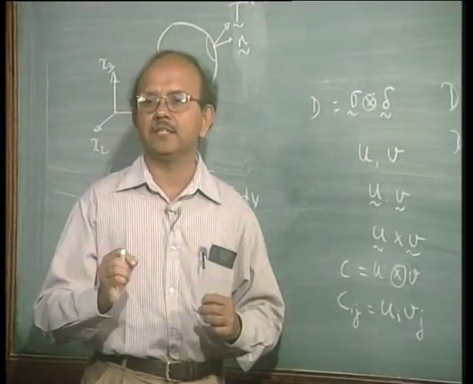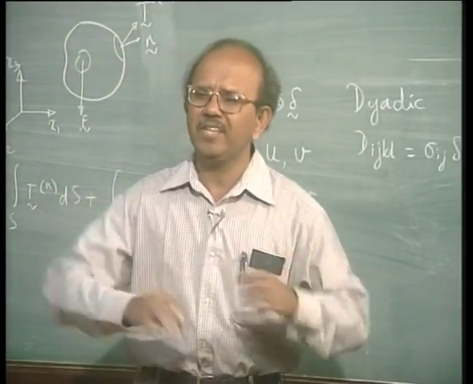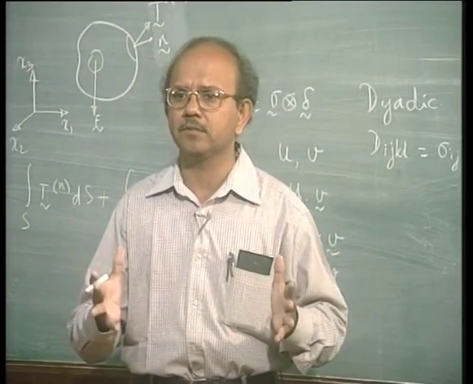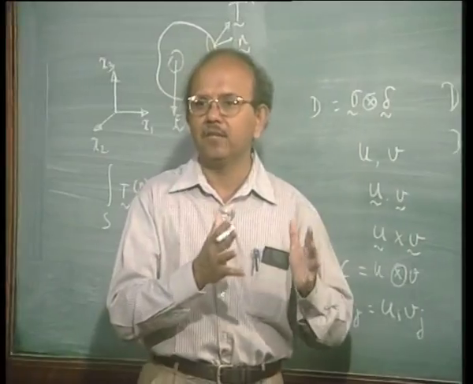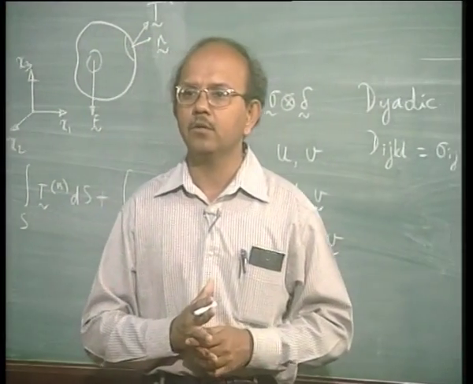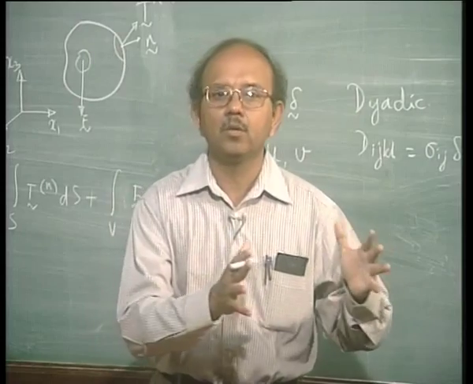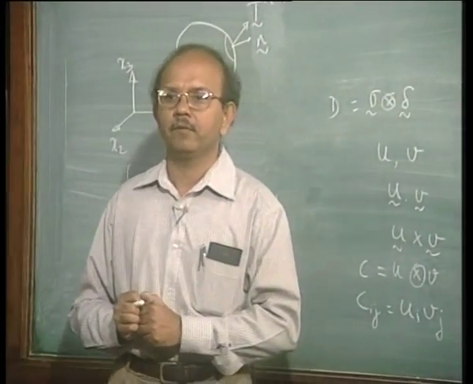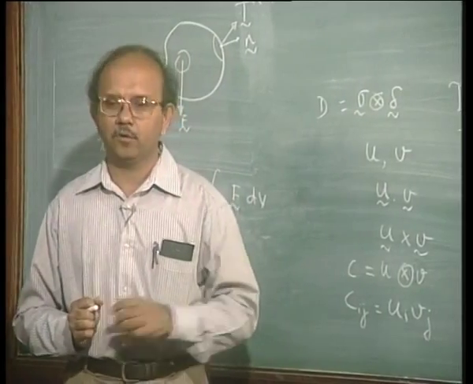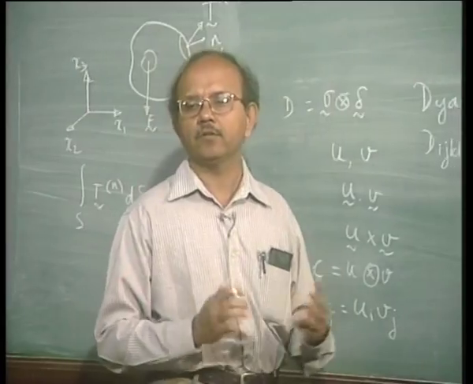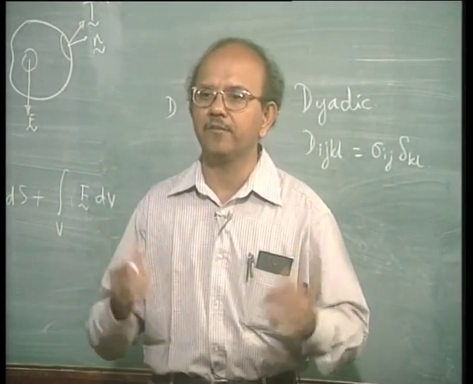A second order tensor has certain properties, independent of whether it is stress or whatever it is. It has certain eigenvalues, eigenvectors and so on. All these things will come to the second order tensor. We are going to see in this class, or maybe I hope it is in this class, principal stresses, how they are defined.